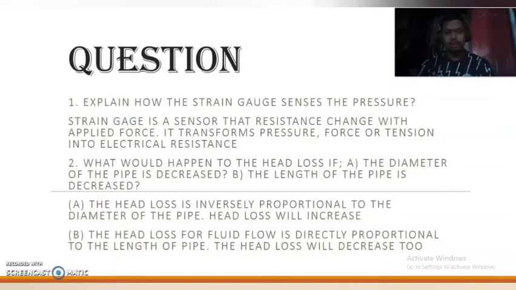So if the diameter of the pipe is decreased, the head loss is increased. For the second condition, the head loss for fluid flow is directly proportional to the length of the pipe. So if the length of the pipe is decreased, then the head loss will decrease also.